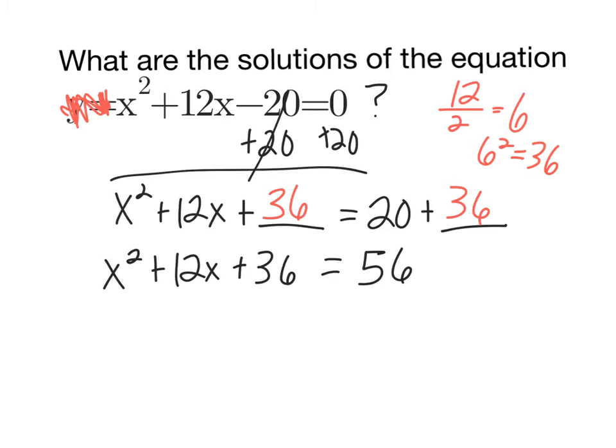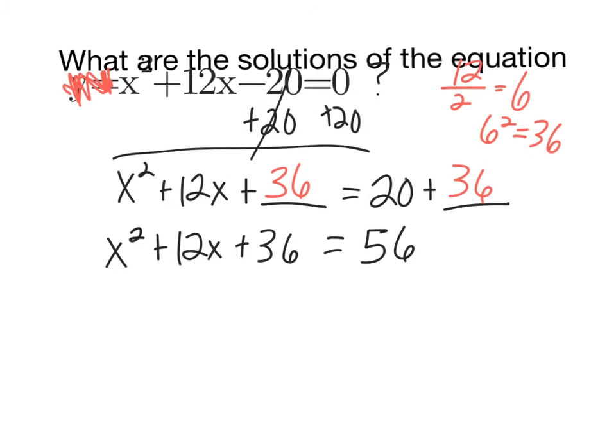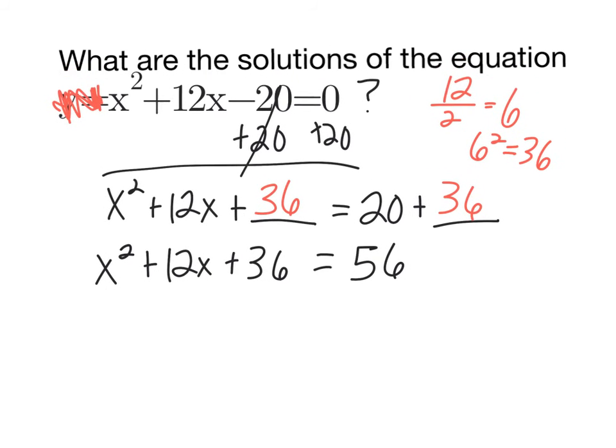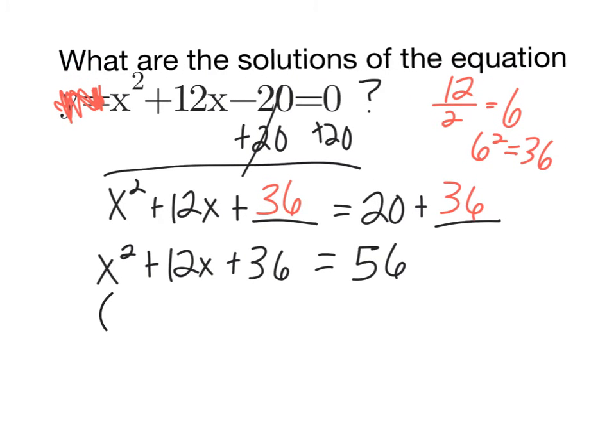And then now we should be ready. We've rigged this up, so there shouldn't be a question now. This should work where this factors as a binomial squared. So we know we've got x's to get the x squared. We know all the signs are positive. And we know these numbers have to be the same.